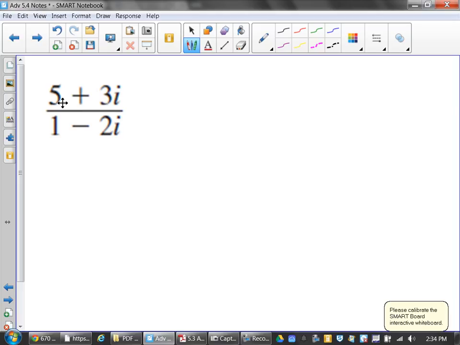Once you get going, you'll start to see there are some shortcuts. I'm not going to mess with them right off. I'm hoping you guys have started to multiply the top and the bottom by 1 plus 2i.